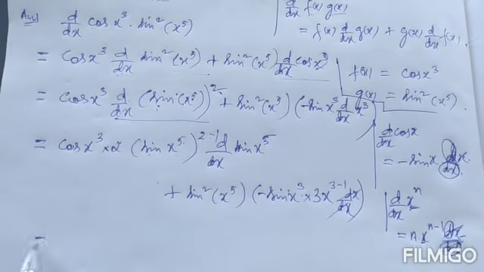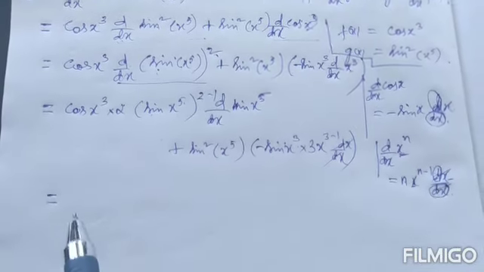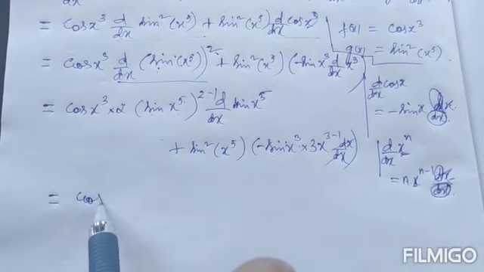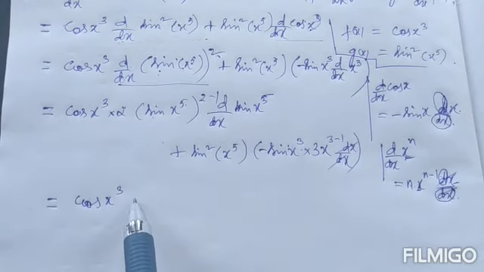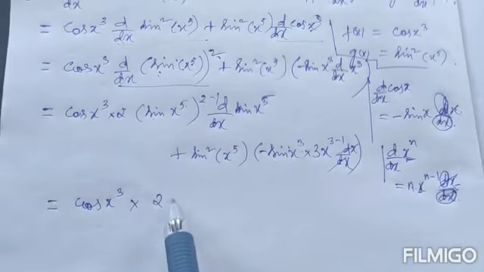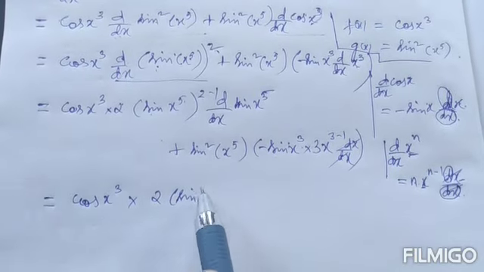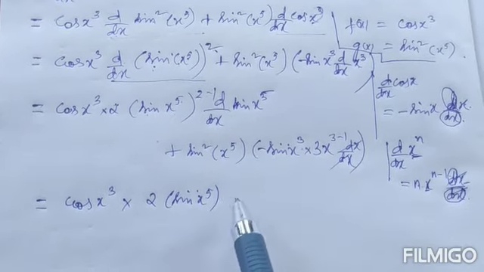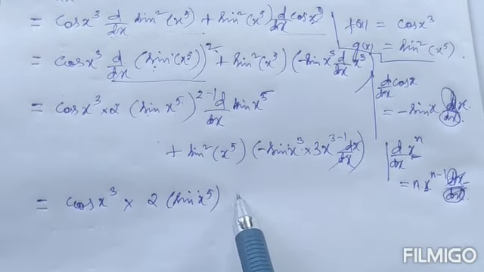So in the next line, cos of x cube again. Then 2 sin x power 5. 2 minus 1 will give you 1 only. d by dx of sin x power 5.